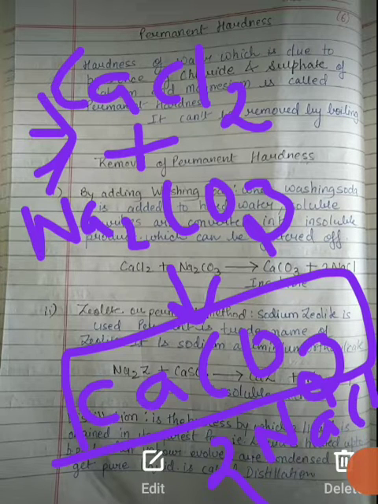So this is the very first method through which we can remove permanent hardness, that is by adding the chloride salt of calcium or sulfate salt of calcium and reacting it with sodium carbonate, that is washing soda, which results in the formation of calcium carbonate, that is limestone, and also NaCl, sodium chloride.